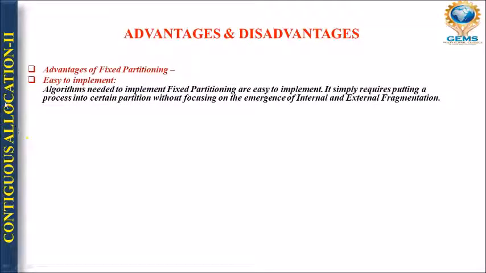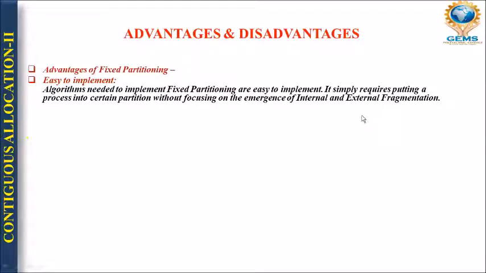Okay. So the advantages and disadvantages of fixed size partitioning: regarding advantages, it is easy to implement. Only a simple algorithm is needed to implement fixed size partitioning; it simply requires putting a process into a certain partition without focusing on the emergence of internal and external fragmentation.